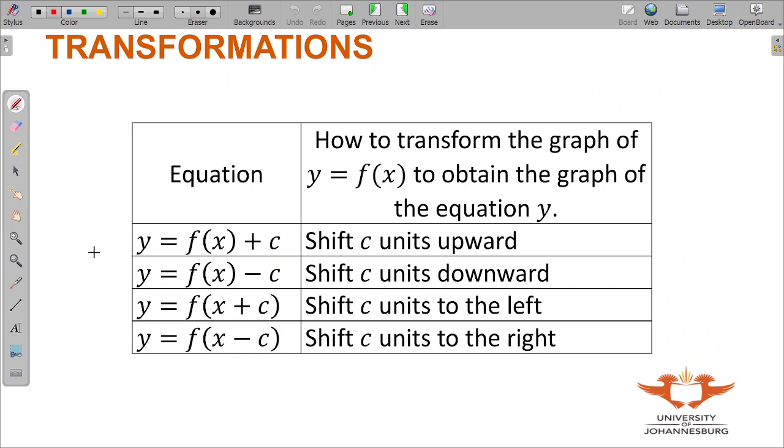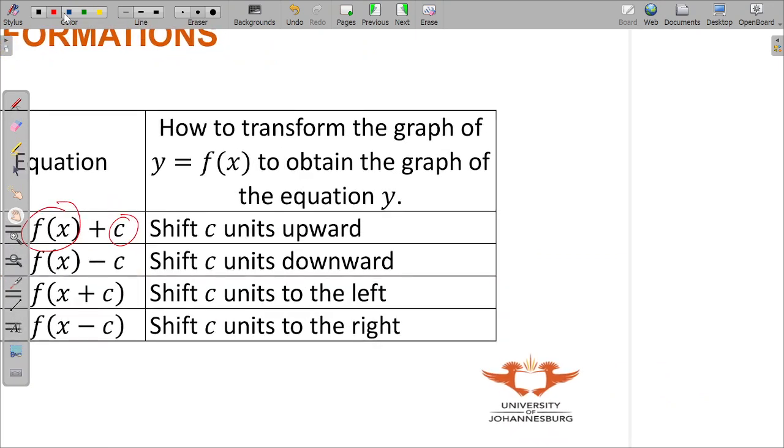These are the transformations. Number one, this is the original graph, and if the original graph is added with a constant c, then we shift that original graph c units upward. For example, we have this graph of f of x equals x squared. This is the graph, x, y.